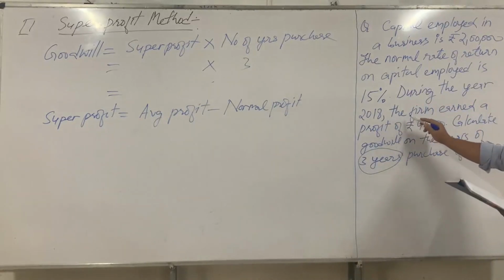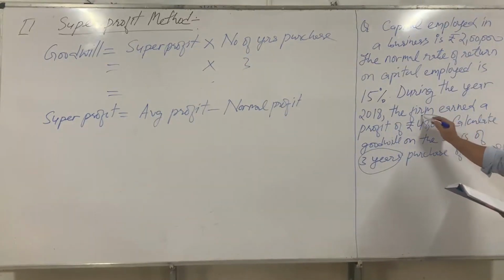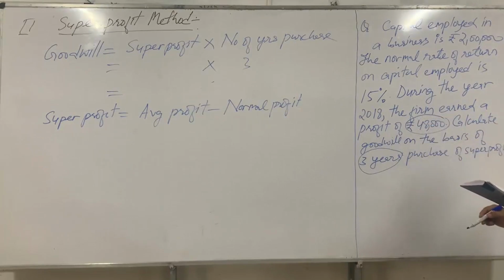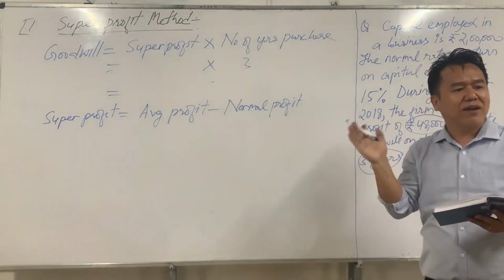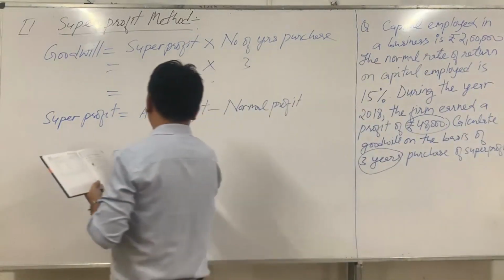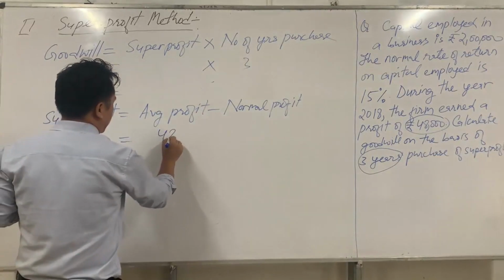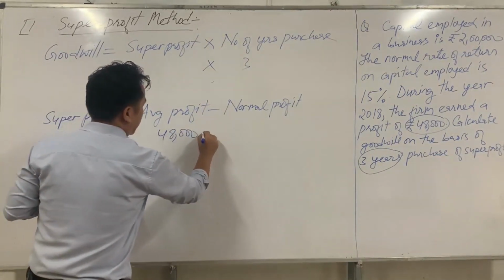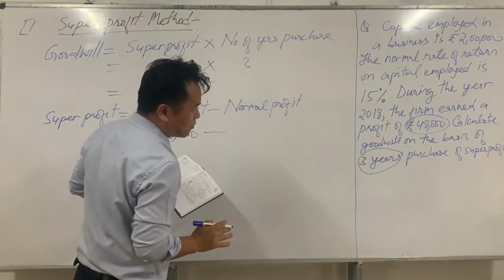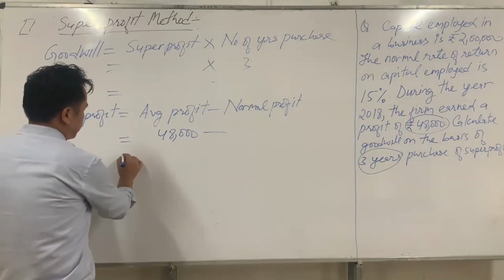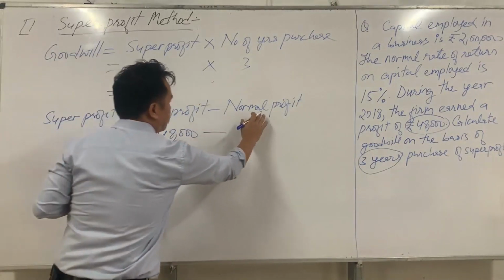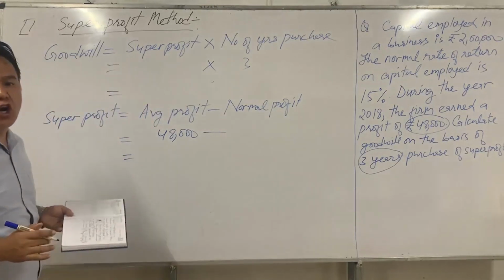During the year 2018, the firm earned a profit of 48,000. So this is the average profit of the firm. Like I said before, average profit and actual profit, they are one and the same. So the value of average profit is 48,000 minus, we don't know the value of normal profit, we have to find it. Now we are going to find the value of normal profit.